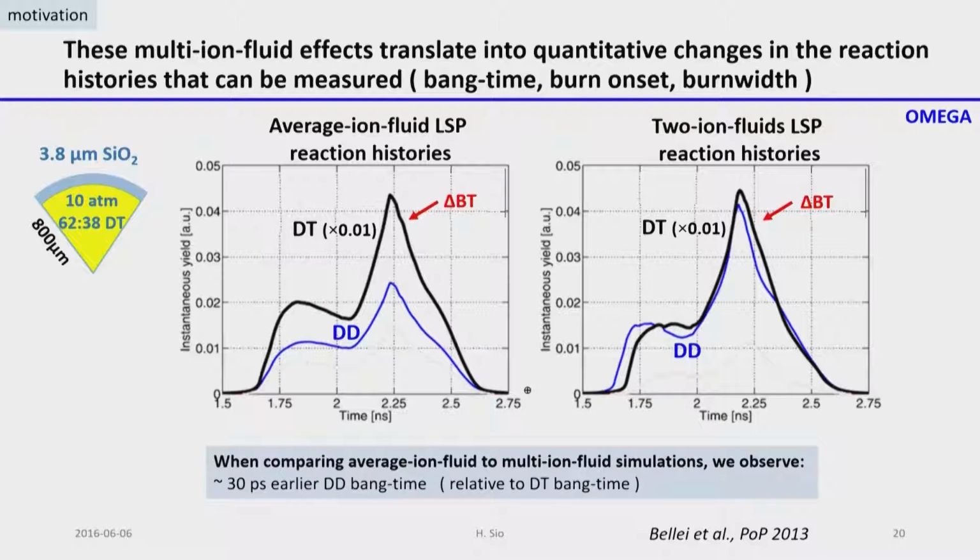And we're also talking about changes in the relative bang time, or peak thermonuclear production time, for these implosions. So these are the kind of quantitative effects that we would like to investigate, and that will tell us, or at least give us a hint of, the impact that kinetic effects may have on these implosions.